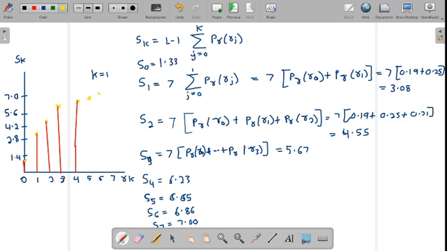Next 6.86, next it is 7. Okay, so these are the values.